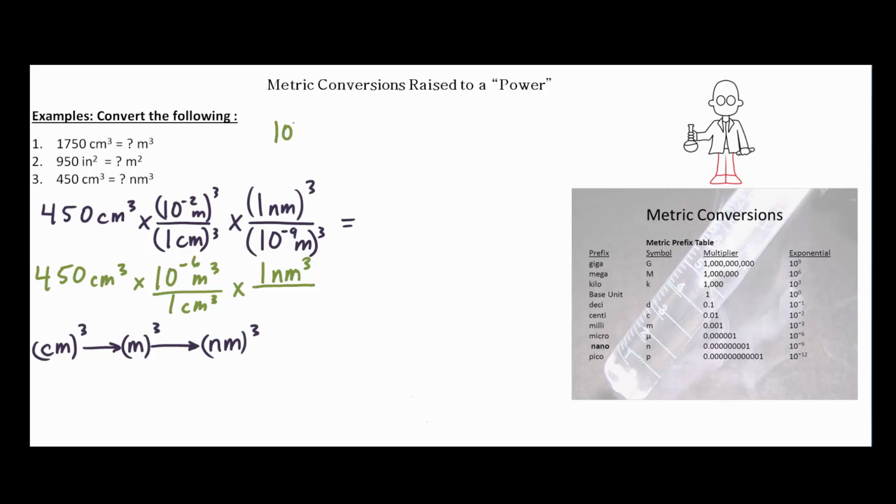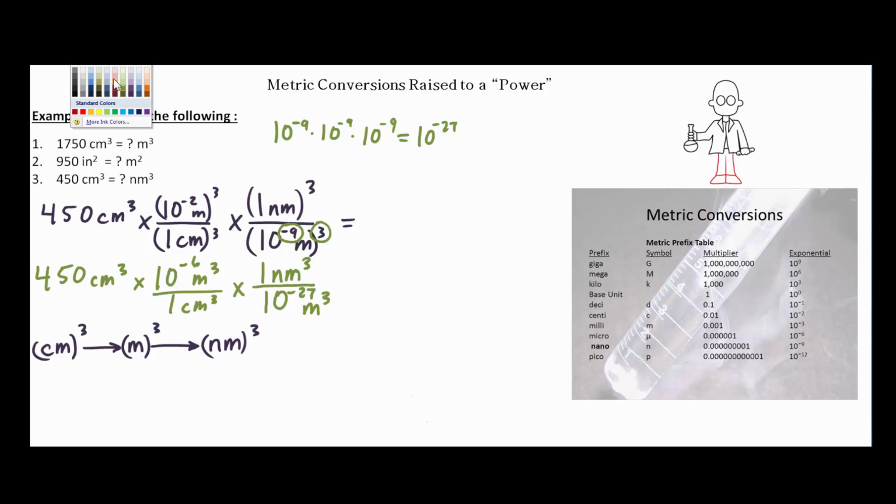Keep in mind that's 10 to the minus 9 times 10 to the minus 9 times 10 to the minus 9. Same base, add exponents, that gives me 10 to the minus 27. Or I can multiply these two indices and say that's 10 raised to the negative 9 times 3 is minus 27. And I need to cube the unit, and that gives me meters cubed.